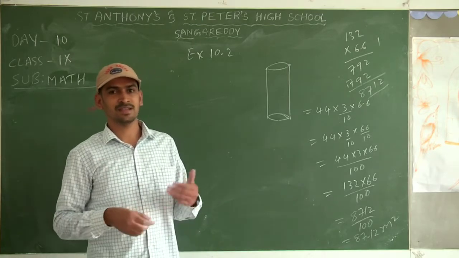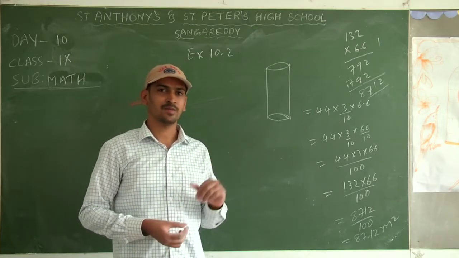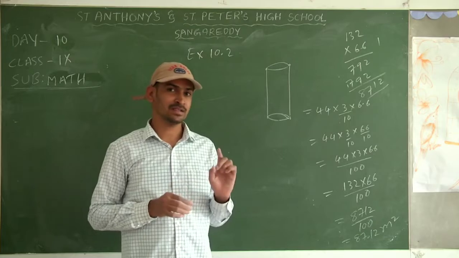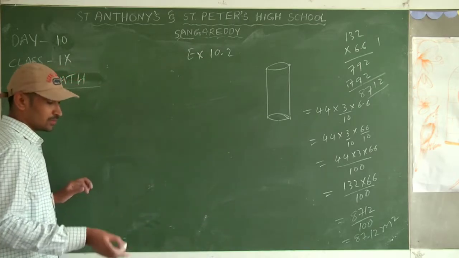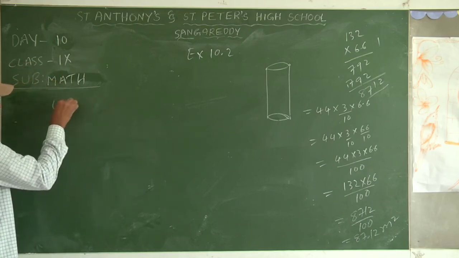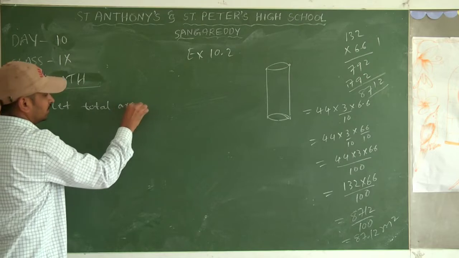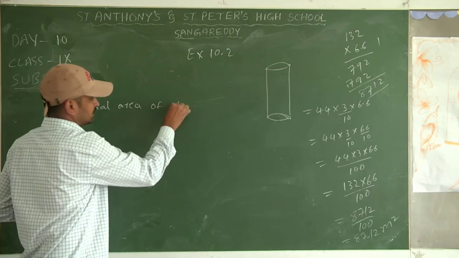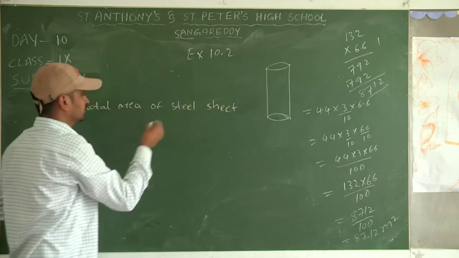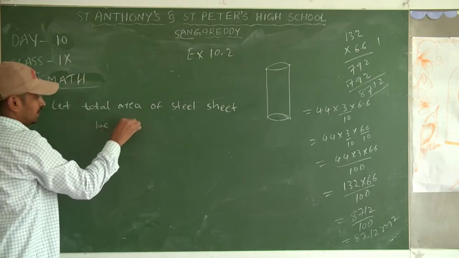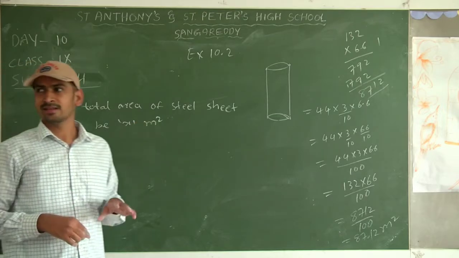So how much do we use to manufacture this petrol tank? That is 11 by 12. Out of 12 parts, one part is wasted. We don't know the total area of this sheet. Let the total area of the steel sheet be x meters square. In that we are using only 11 parts.